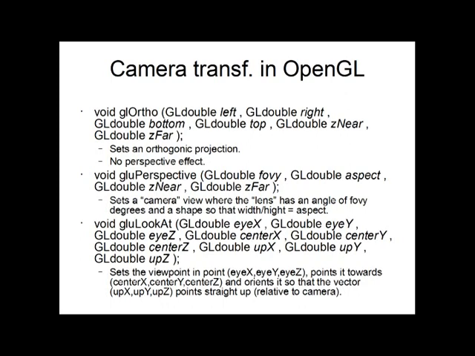GLU look at, on the other hand, is setting up the position and the orientation of the camera. And GLU look at will actually have an effect not on the projection matrix of OpenGL, but on the model view matrix. We're setting up where the camera is, how it's oriented, where it's looking, so on and so forth. And we basically have a point and 2 vectors, or actually 2 points and a vector.